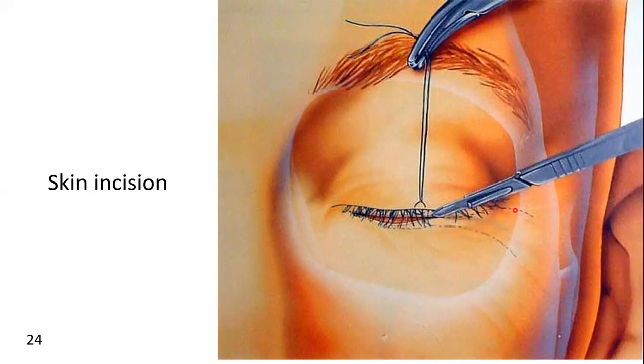That is the top dashed line. It is made through skin only if one chooses to use a natural skin crease located more inferiorly. For the lower dashed line incision, here you can see the incision must follow the crease as it tails off inferiorly.